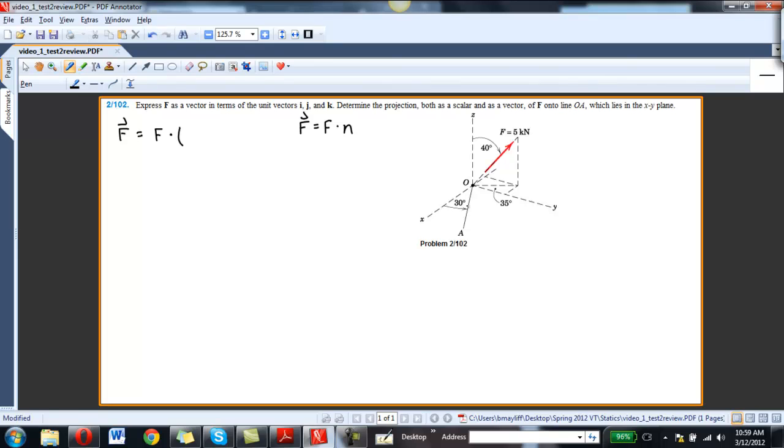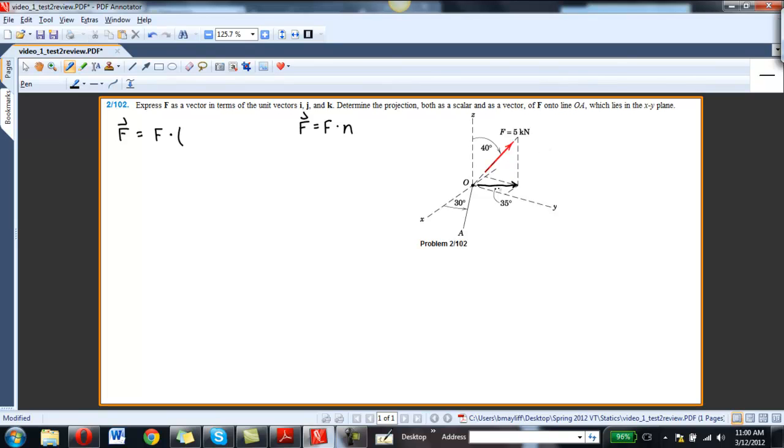Okay, so we start out with x, so it's going to be in the negative direction, so it's going to be negative sine 35? Actually, if you notice here, that would be if we had the force going across the bottom here.